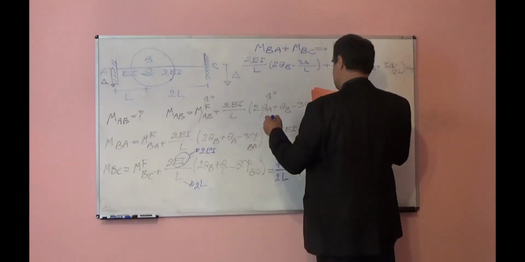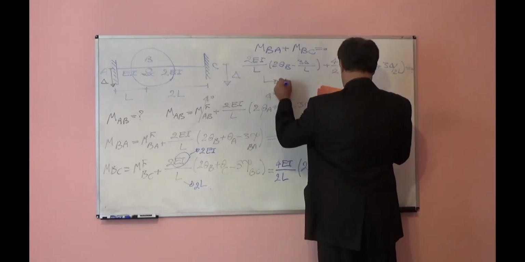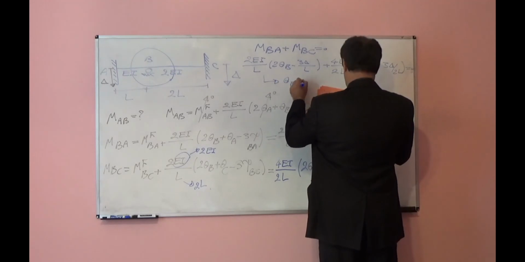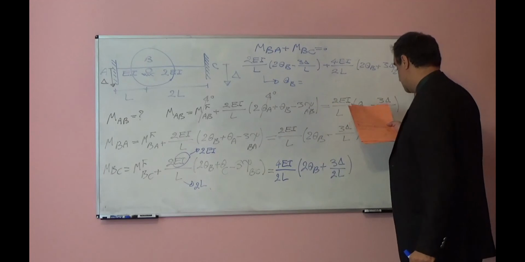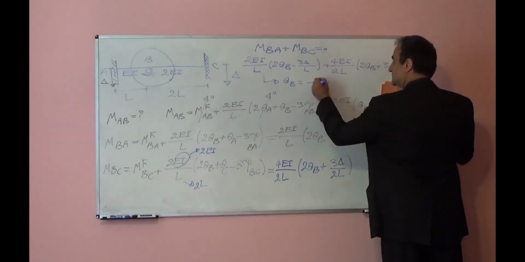From here we can find theta B is equal to 3 delta over 8L.